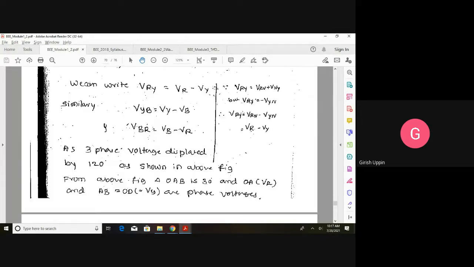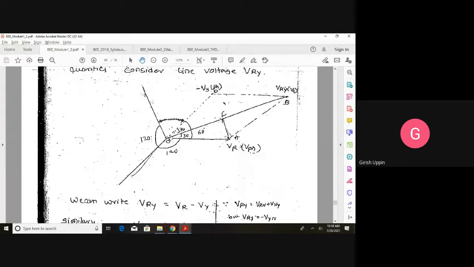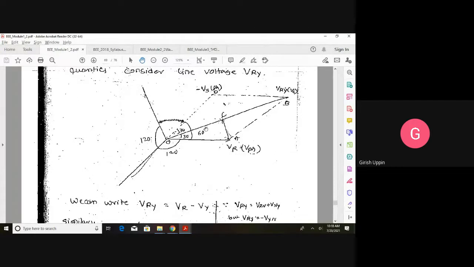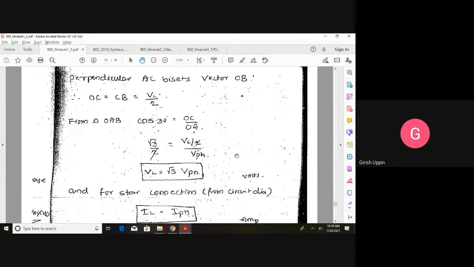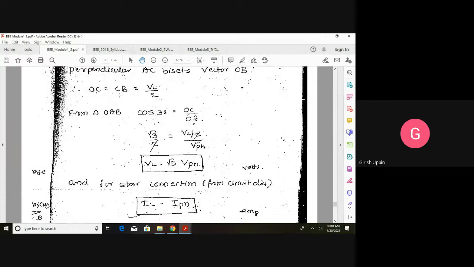What is the vector OB? This is the vector OB. So this perpendicular AC will bisect it, which means OC is equal to CB is equal to VL divided by 2. OA is equal to VR, which is equal to V phase. So OC is equal to CB is equal to VRY by 2, which is VL by 2. I'm going to take cos of 30.